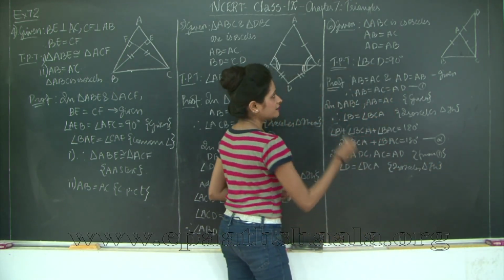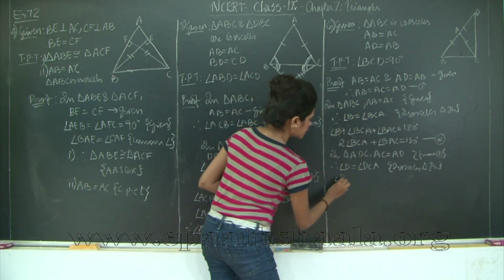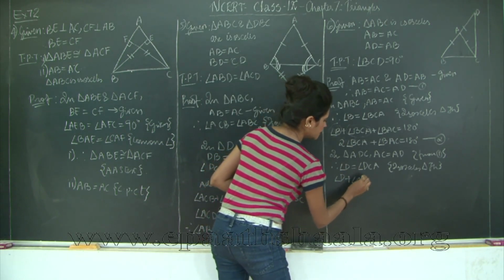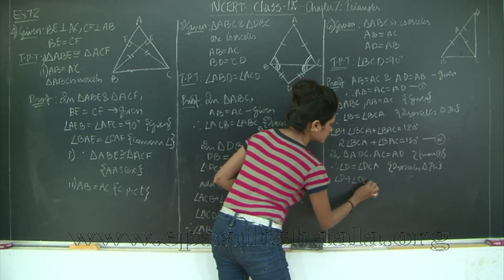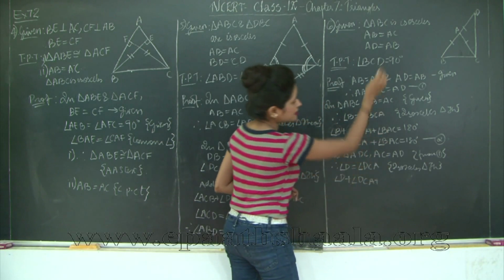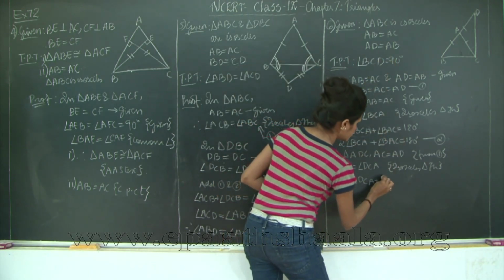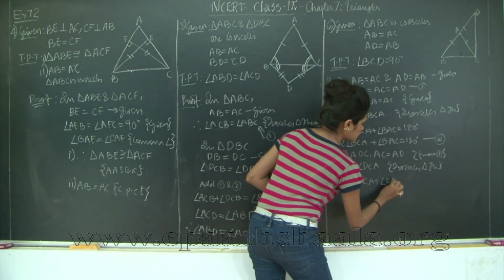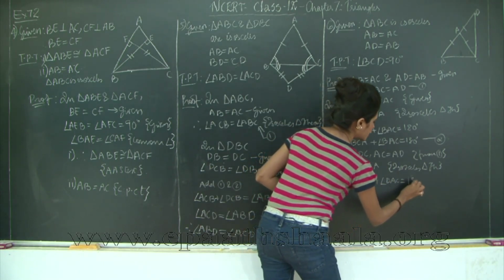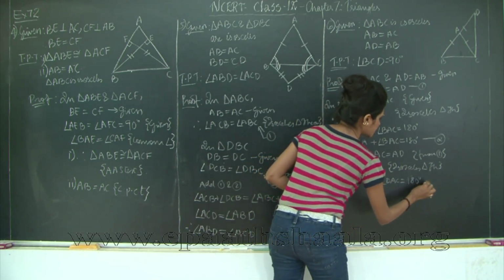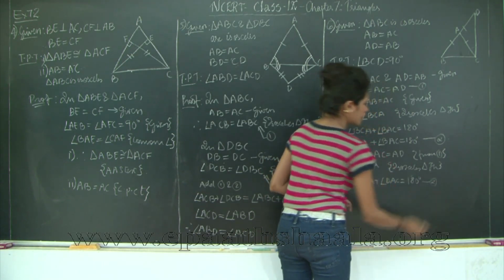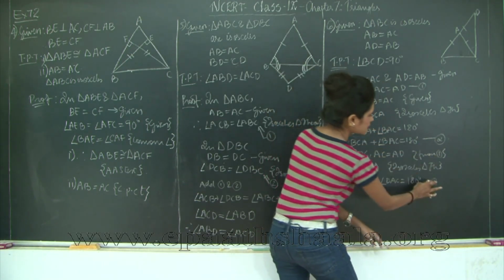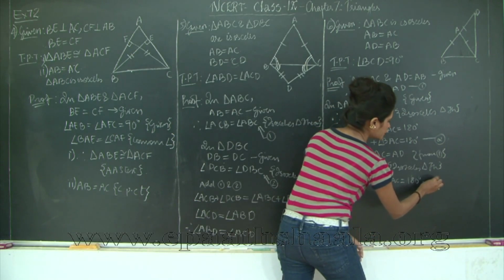But what do we have? We have angle D plus angle DCA plus angle DAC is equal to 180 degrees. I'll mark this as 3, because we have 2 over here.